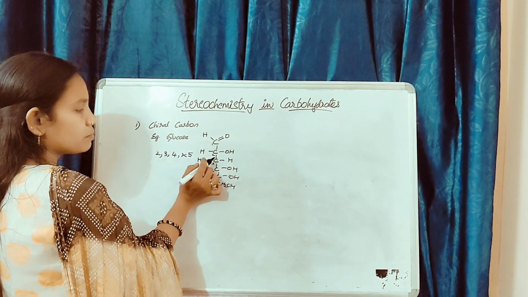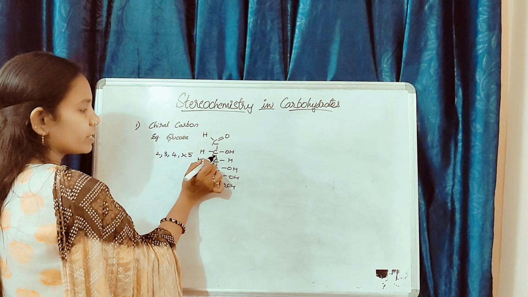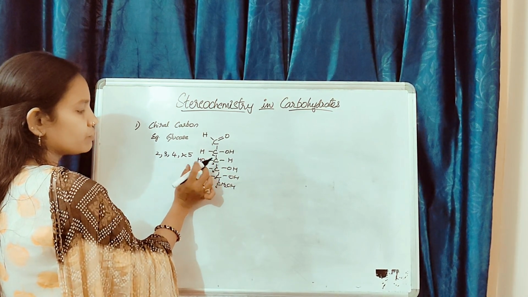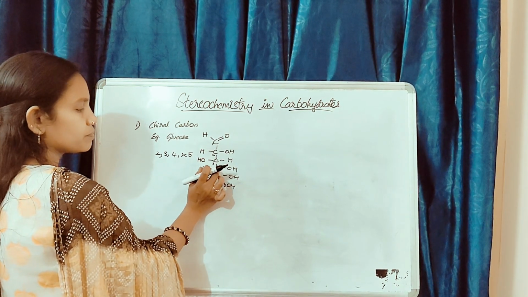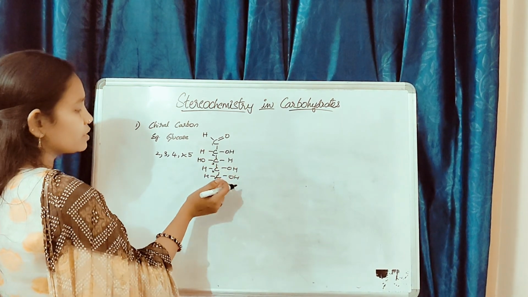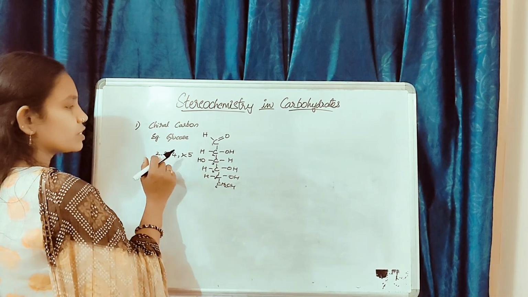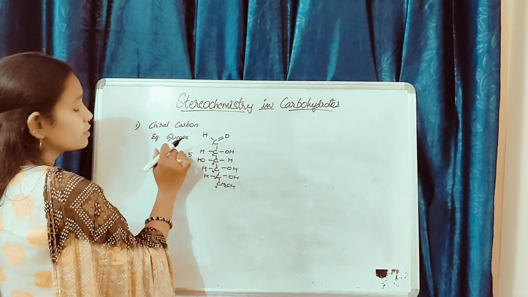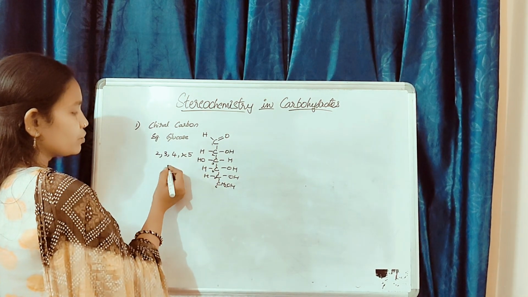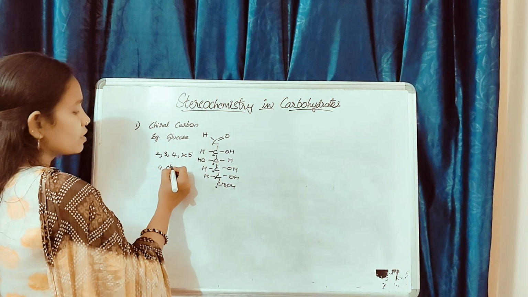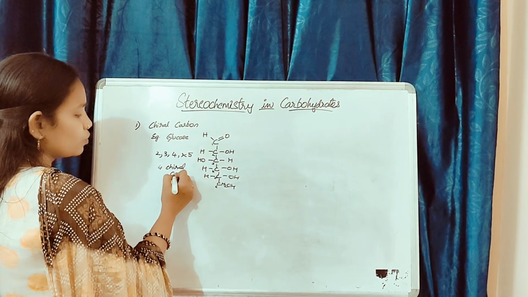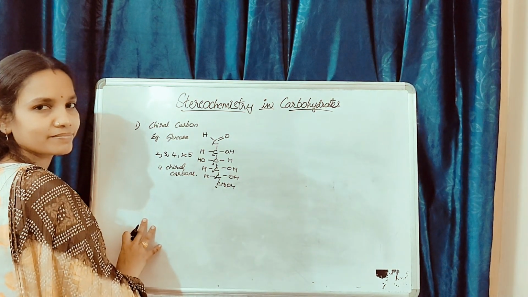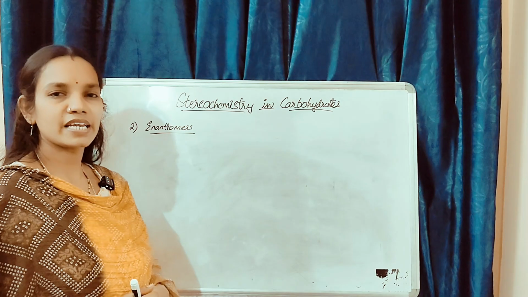If you see the third carbon, again it is attached to 4 different groups: carbon 2, hydroxyl, hydrogen, carbon 4. Again fourth carbon it is attached to, like that, vice versa. So if a question has been arised, glucose contains how many chiral carbons, you have to answer it as 4 chiral carbons. Glucose contains 4 chiral carbons. Is it clear?